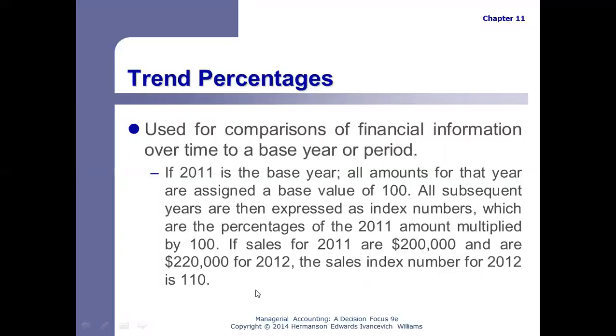And then everything after that, we take a percentage of that amount compared to the base year to get the index. Sometimes it's easier to think of these indexes as percentages. So rather than 100, think of it as 100%. Instead of 110, think of that as 110%.